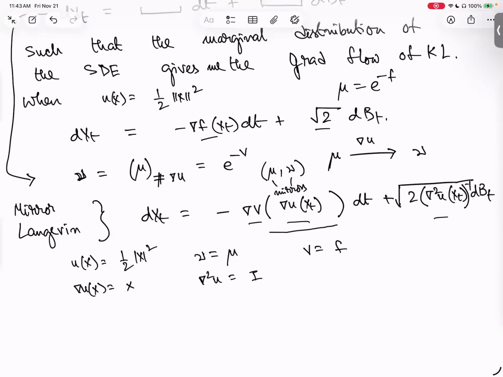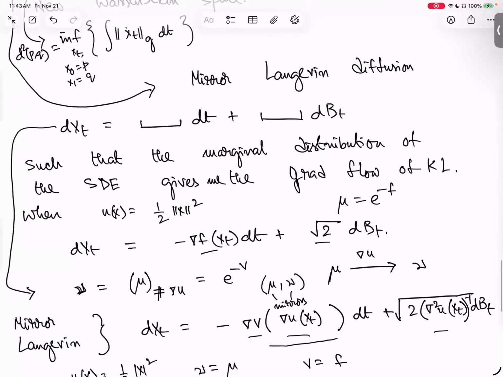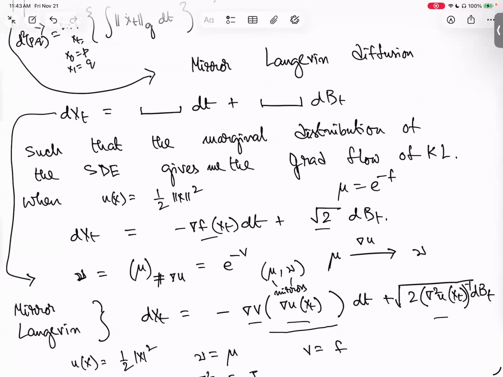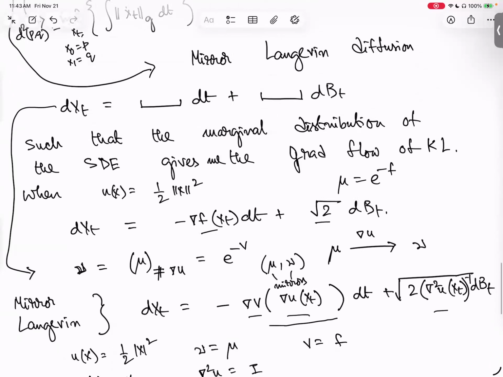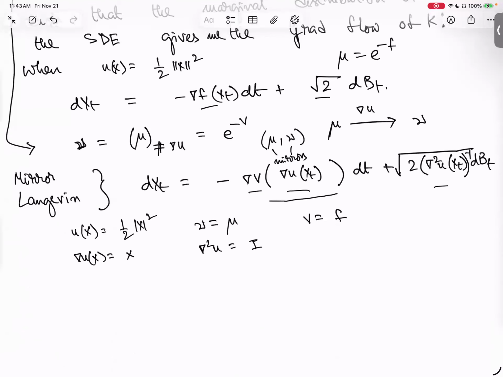The similarity with the Langevin diffusion is that they are both gradient flows of Kullback-Leibler with respect to the terminal density. By the way, x_t converges to e to the power minus f as t goes to infinity. But the underlying geometry is different. In one it is Euclidean. In this one it is the mirror geometry, the Hessian geometry that you get from the Hessian of U.